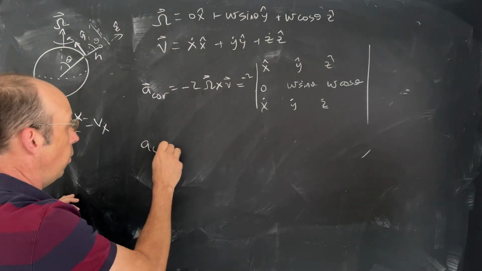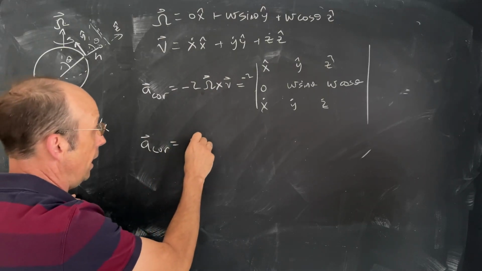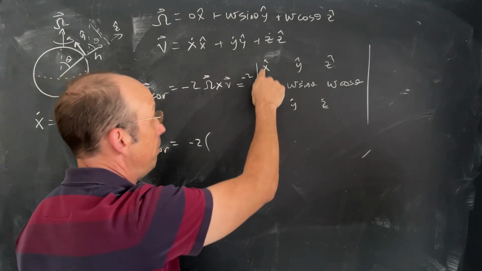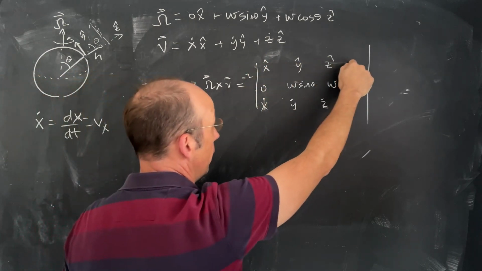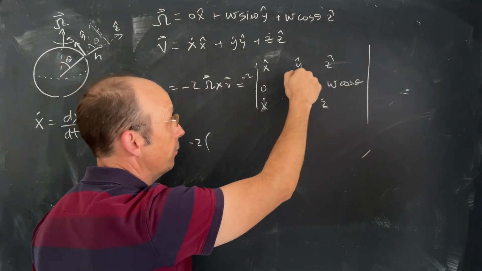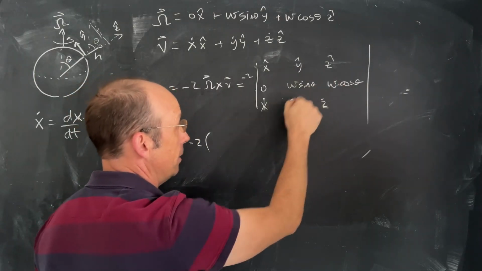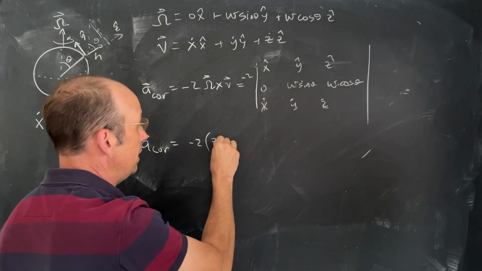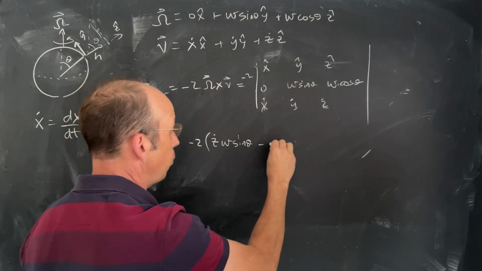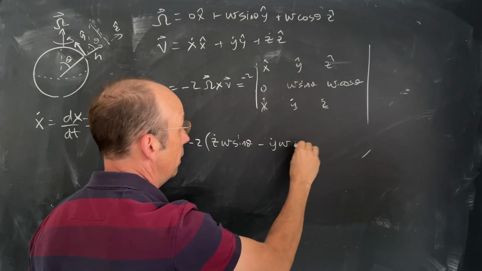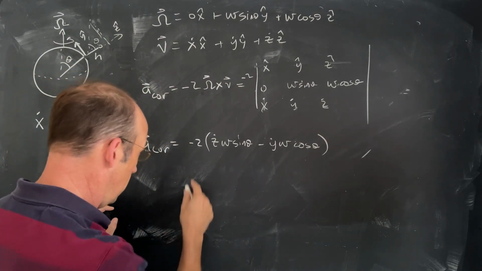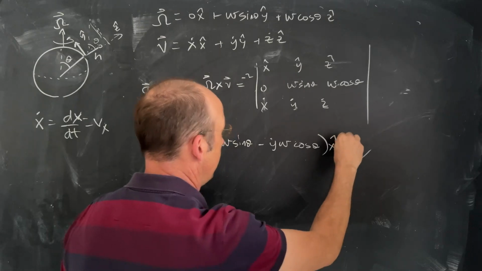So I get a_cor equals negative 2 times, and I'm going to expand about the x component. I take the determinant of the submatrix, so it's this times that minus this times that. I get z dot omega sine theta minus y dot omega cosine theta, all times the negative 2, x hat.